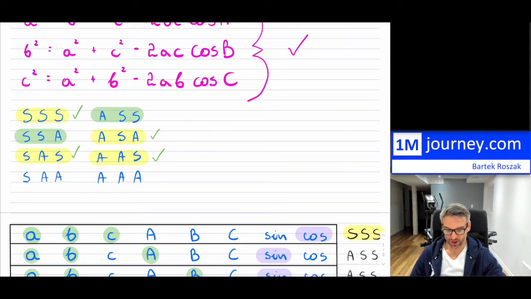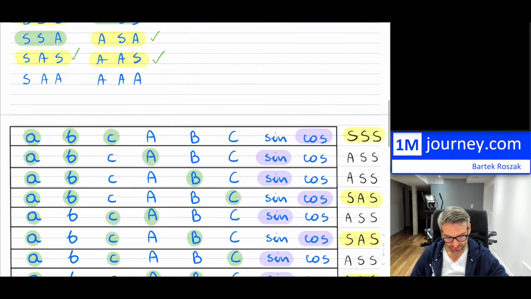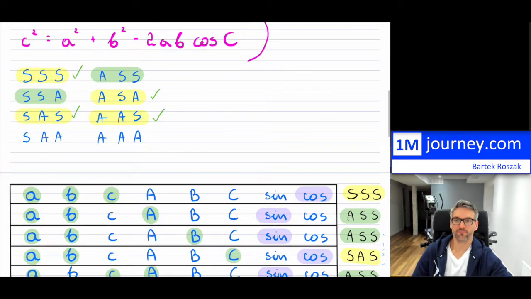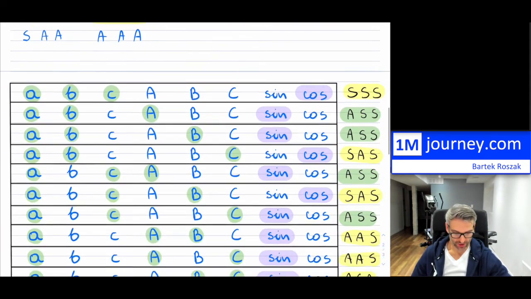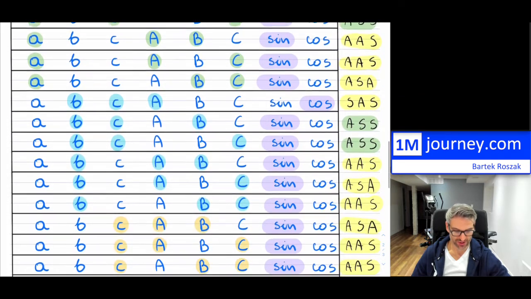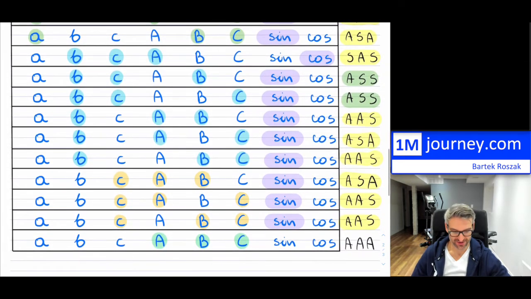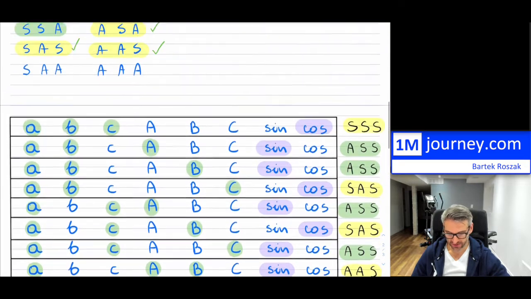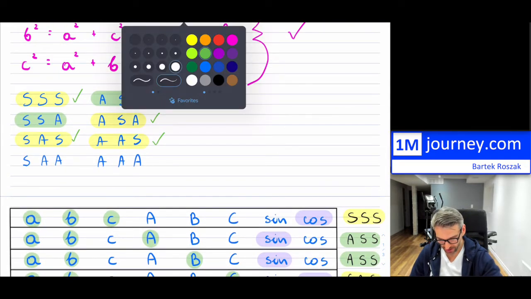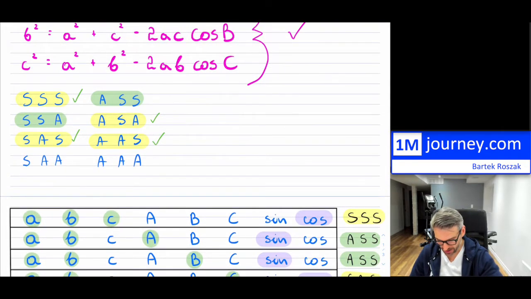So these 2 are identical, and that's exactly what remains here. So you have angle, side, side, and if I highlight all of them, we'll have them. So here on the right, I just highlighted those angle, side, sides. And then finally at the end, it leaves us one last one, which can happen, and it's angle, angle, angle.